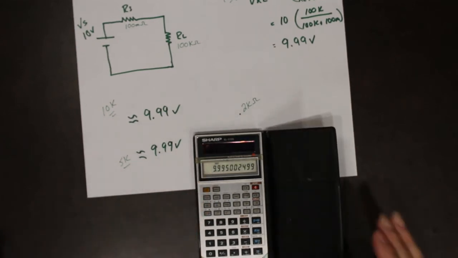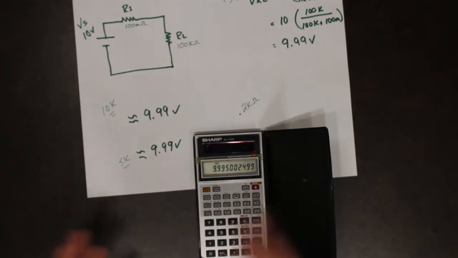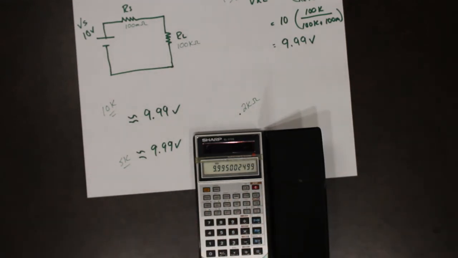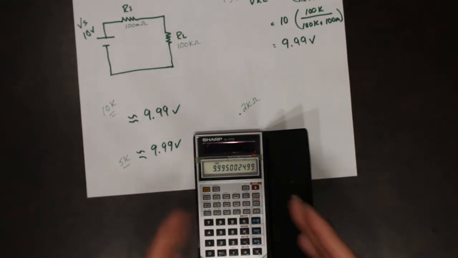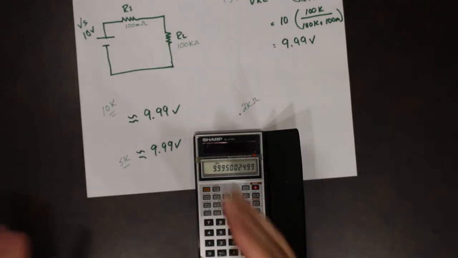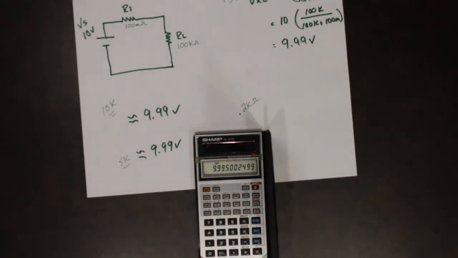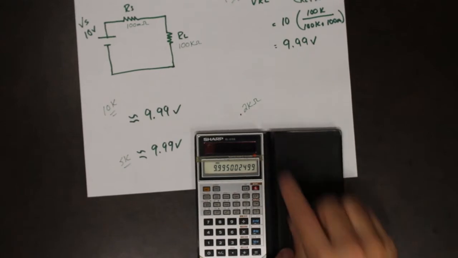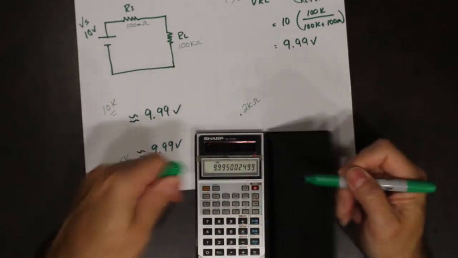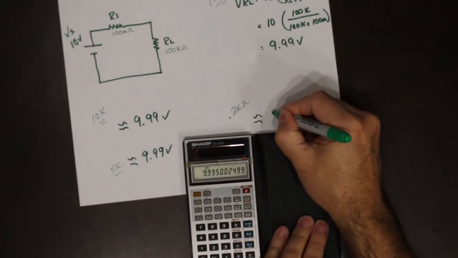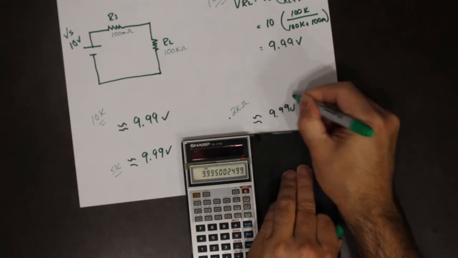Notice that each time we're getting closer to 9.99. It started off as 9.99999, then it went to 9.999998, and then 999, etc. But we're still at approximately 9.99 volts.